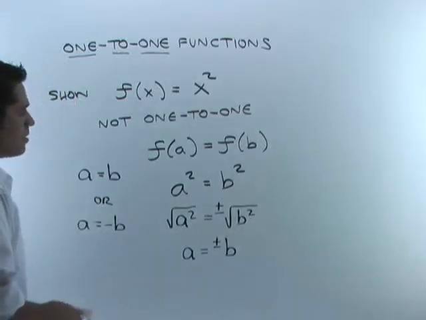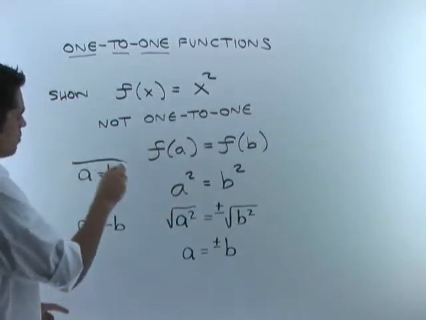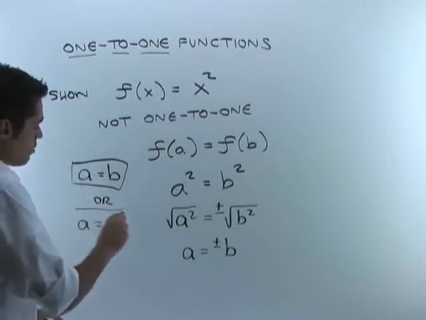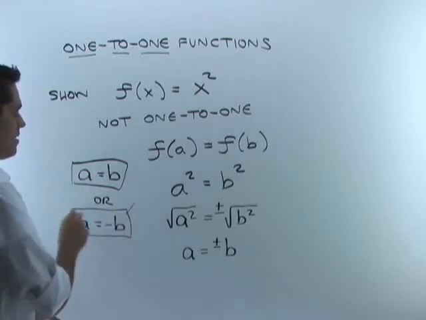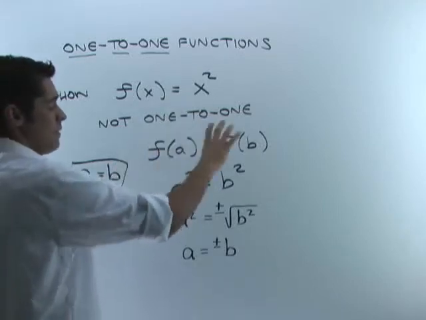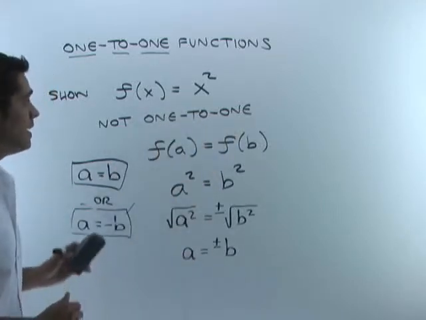And that's a problem, because in order to be one-to-one, we need this one to hold, and only this one. So the fact that this also can be true means that this is not a one-to-one function, and we can see how we can use the definition to check to see if it actually is one-to-one.